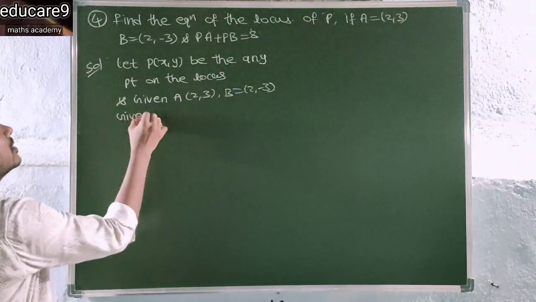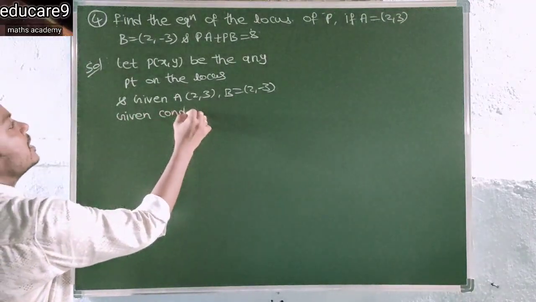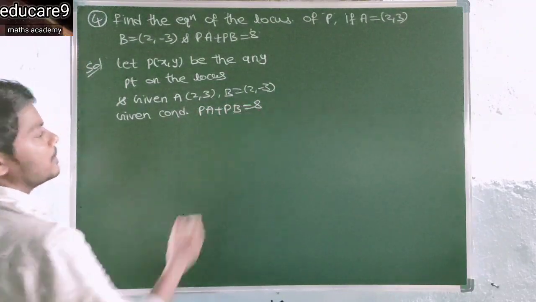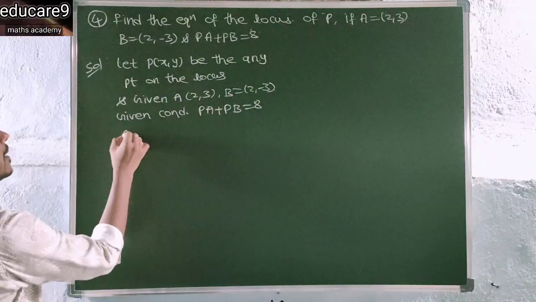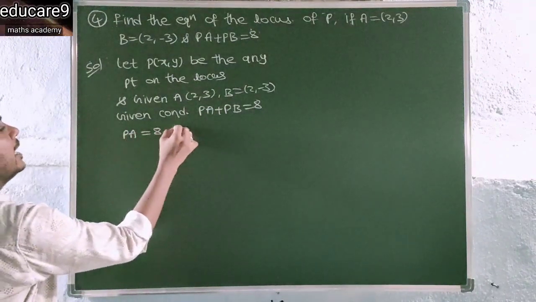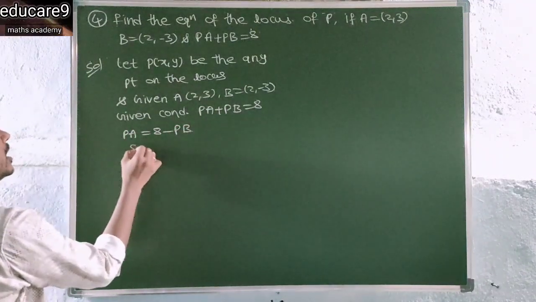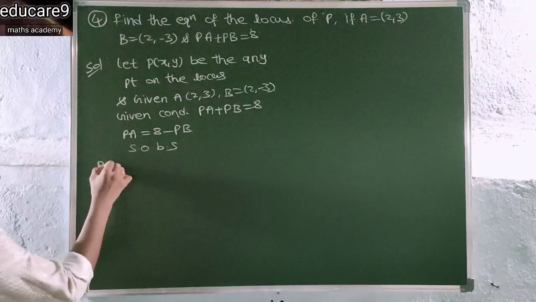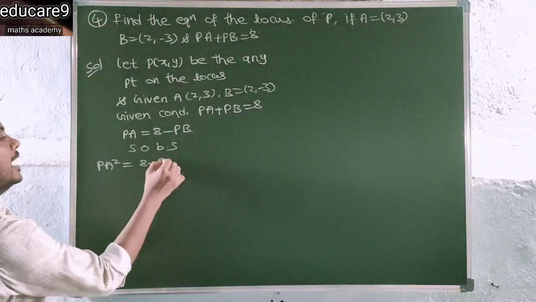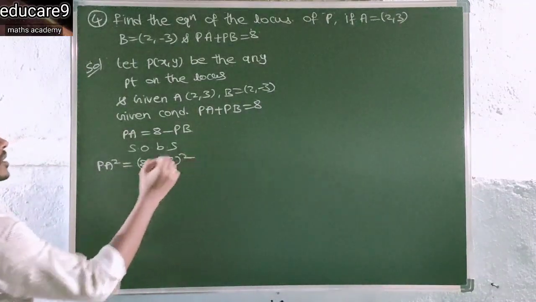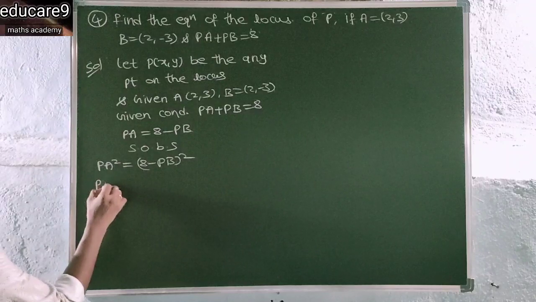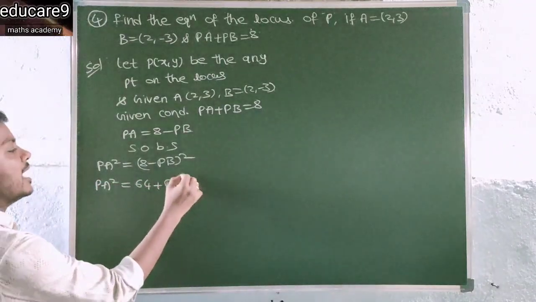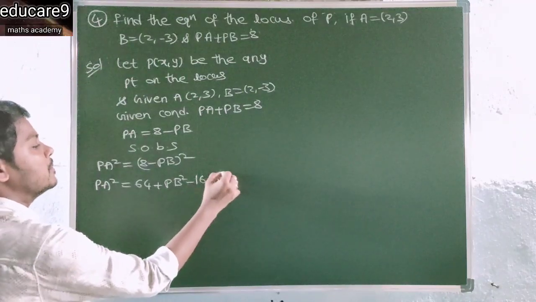Given condition. So what is the given condition here? PA plus PB is equal to 8. So clearly PA is equal to 8 minus PB. So you are squaring on both sides. So what you get? PA square is equal to (8 minus PB) whole square. So this is PA square is equal to 64 plus PB square minus 16 PB.